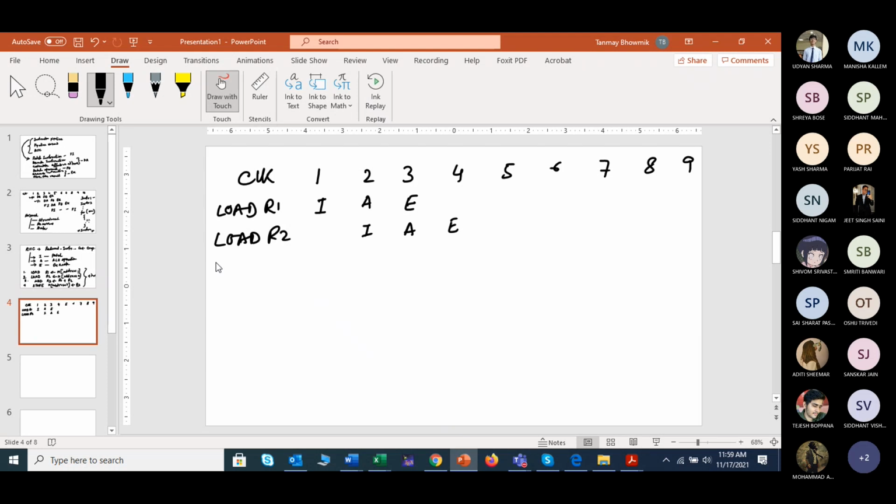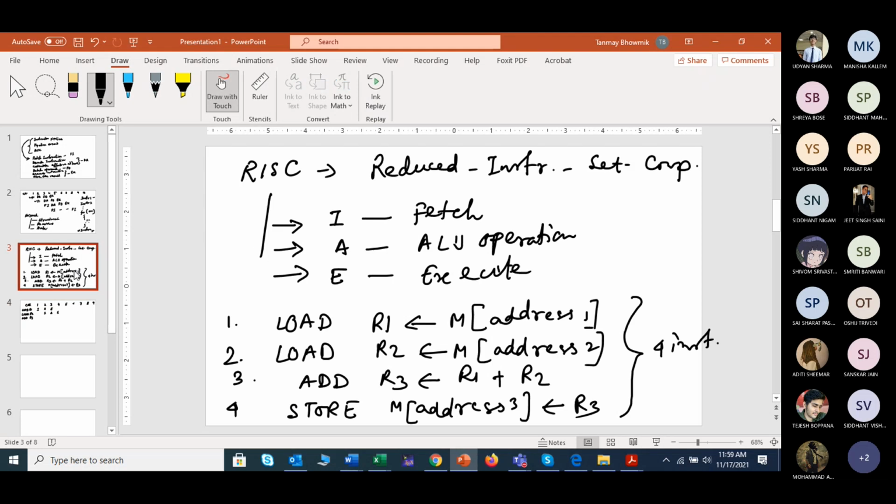Now in the third, when you do the add part, look in this case. First, from a certain memory address location you are loading one value into register R1, right? Done, no problem. From a separate address location, you are loading the value into R2. Done. Two separate registers, two separate memory locations, so no interdependency, right?